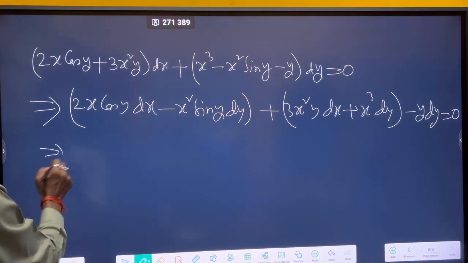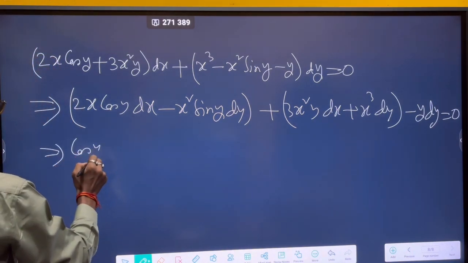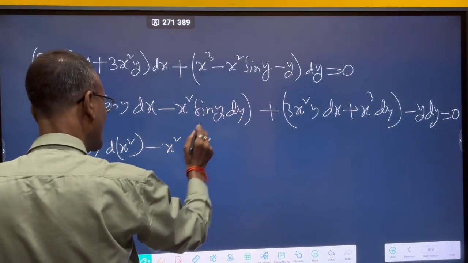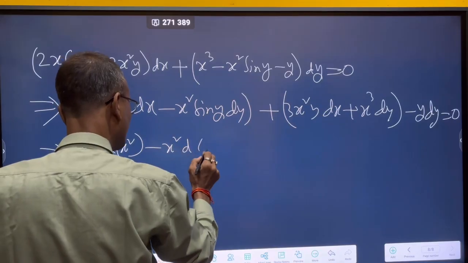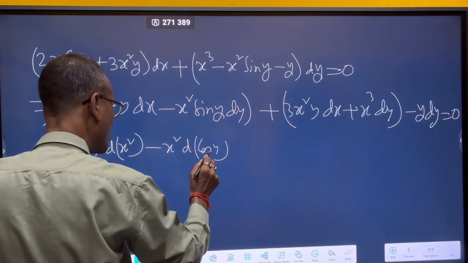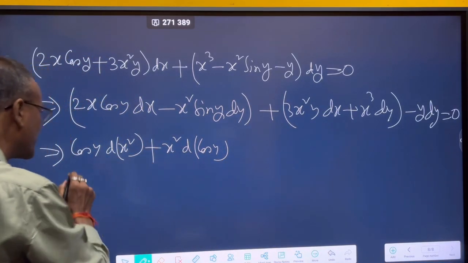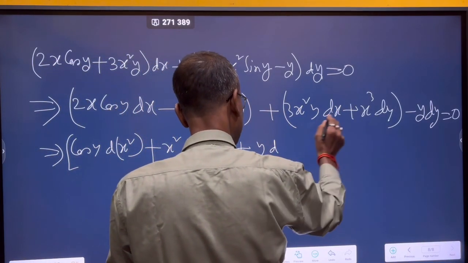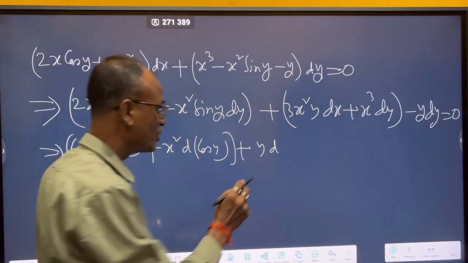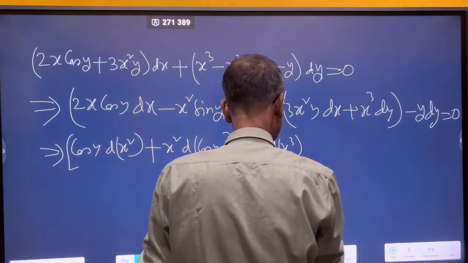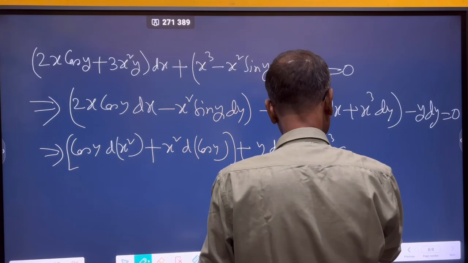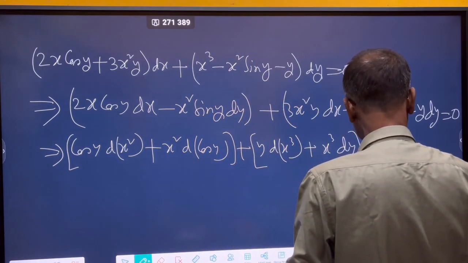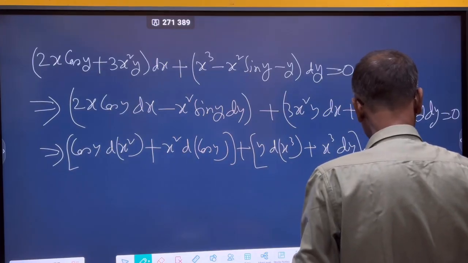For 2x cos y dx minus x square sin y dy, you may write d of x square cos y, since the derivative of cos y is minus sin y dy. 3x square y dx plus x cube dy can be written as d of x cube y. And y dy is d of y square by 2.